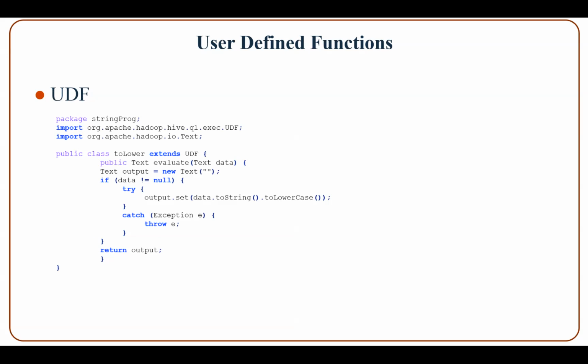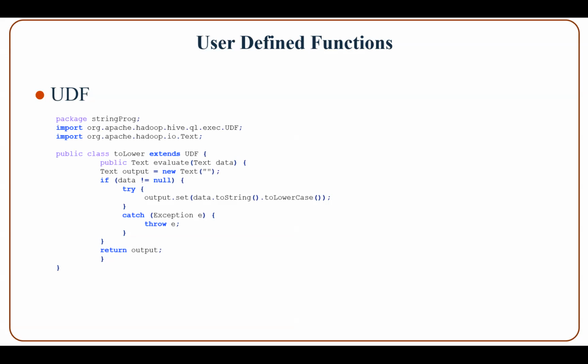This slide shows you a simple user-defined function, and here we have a class, namely toLower, that extends the class UDF. So you have to import org.apache.hadoop.hive.ql.exec.UDF above that in order to extend, and then also import org.apache.hadoop.io.Text, because later on you use the Text class, and then later on you override evaluate.